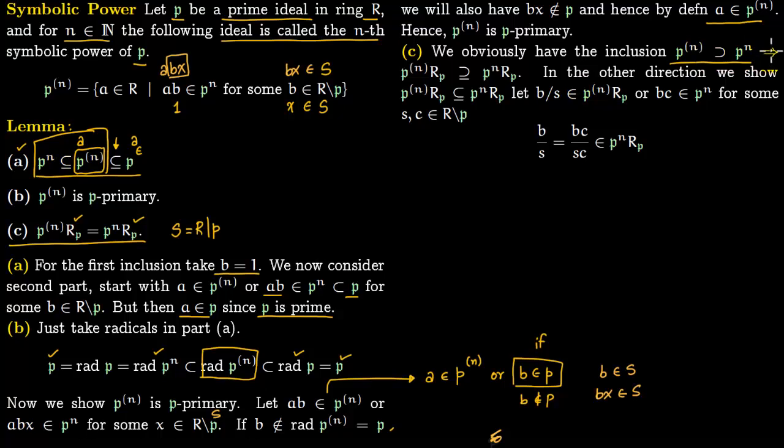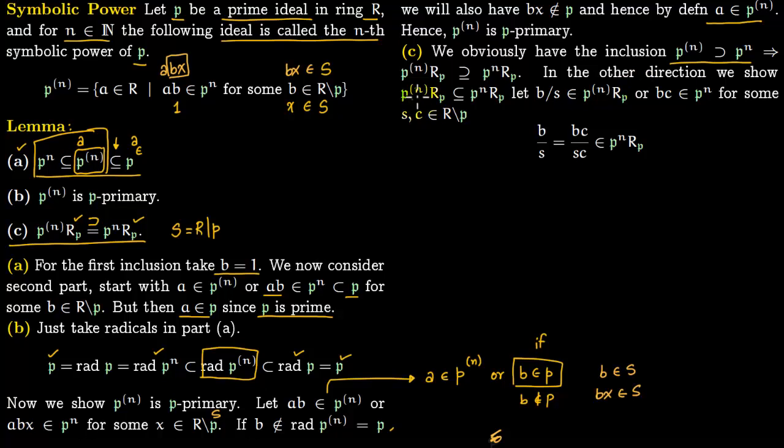So this inclusion implies that we have this inclusion. So P^n R_P is contained in the symbolic power of P^n, this ideal would contain this thing. So this inclusion is obvious, it just follows from here.